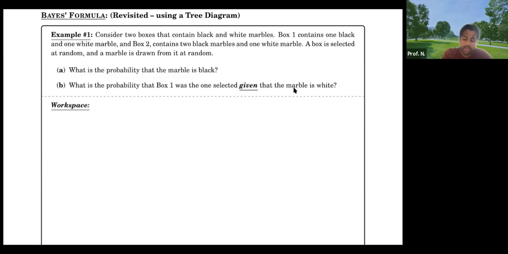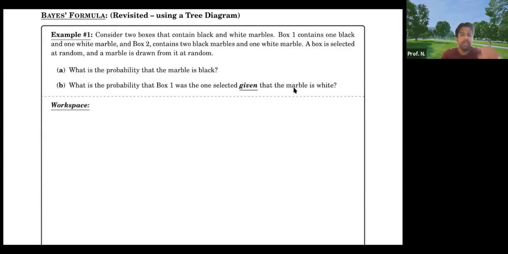Okay, so do you see the nature behind these problems? There are 2 events that occur. Either you select box 1 or box 2. Do you see how those are mutually exclusive events? You can't have box 1 and box 2 at the same time. You either choose one or the other. And then within that box, you have 2 different color marbles. Either they're black or white.